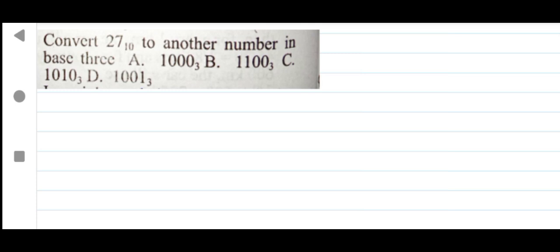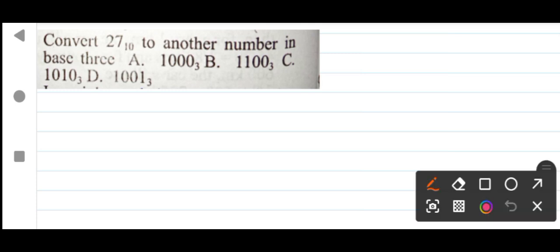Let's see another beautiful question, and this is about conversion of number bases. The question says we should convert 27 in base 10 to another number in base 3.